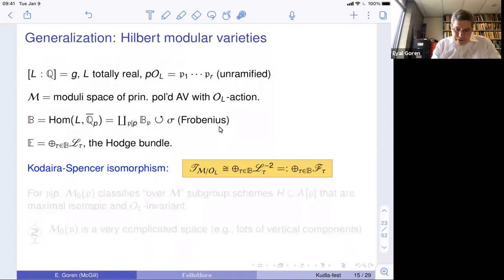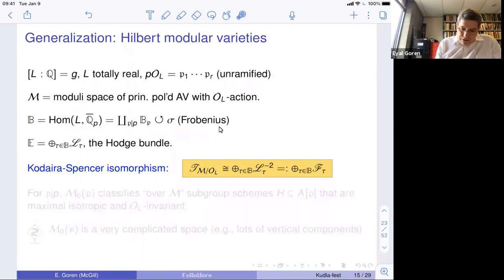Okay, the degree of BP, of course, the number of elements here, is the residue degree of the corresponding prime over P. Okay, and we have so-called the Hodge bundle. It's exactly what I denoted before by omega of the universal abelian variety. And as before, it decomposes into a direct sum of line bundles indexed by the embedding of L into QP bar. You can also do it arithmetically. You don't have to work locally.